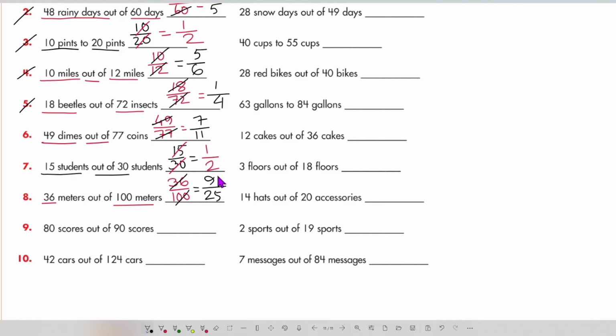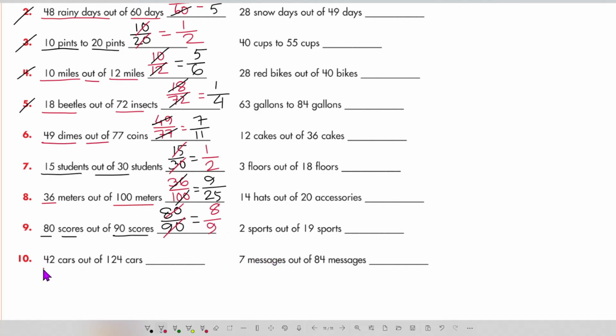So we cannot simplify more. So this is our answer, 9 by 25. 80 scores out of 90 scores. So 80 by 90, we can divide by 10. So 80 by 10 is 8 and 90 by 10 is 9.